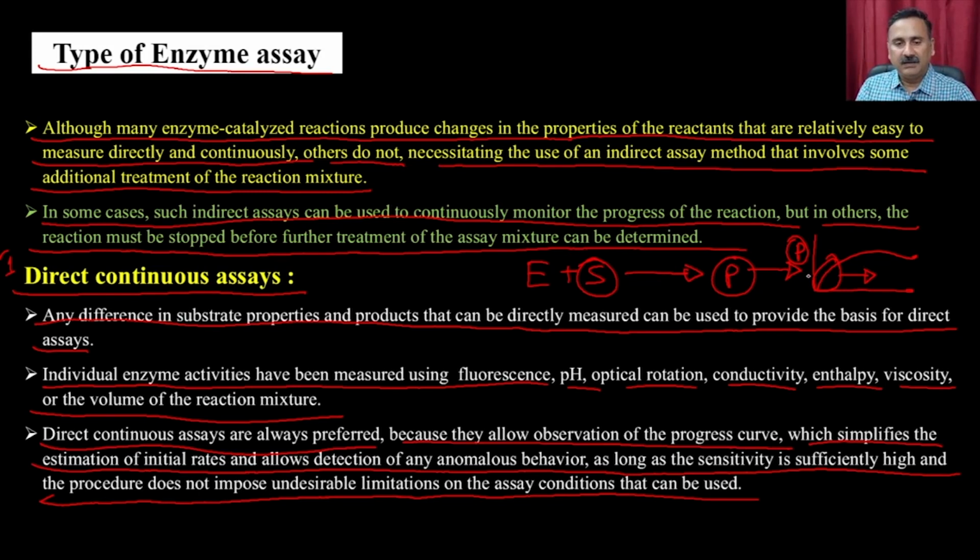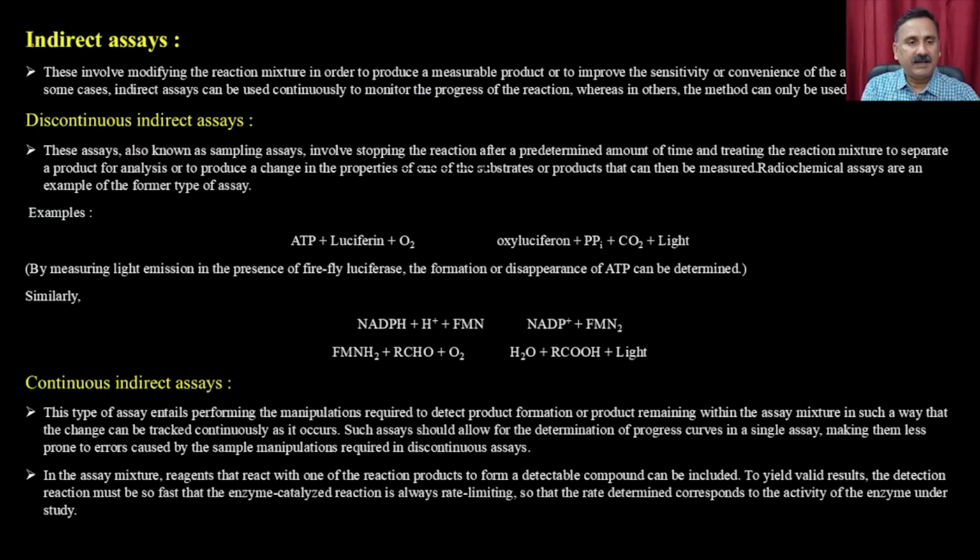So that is desirable, but in many cases neither the product nor the substrate has unique properties that you can use to measure, or there is interference. When you have that kind of assay, you use indirect methods to measure it. So, indirect assays.